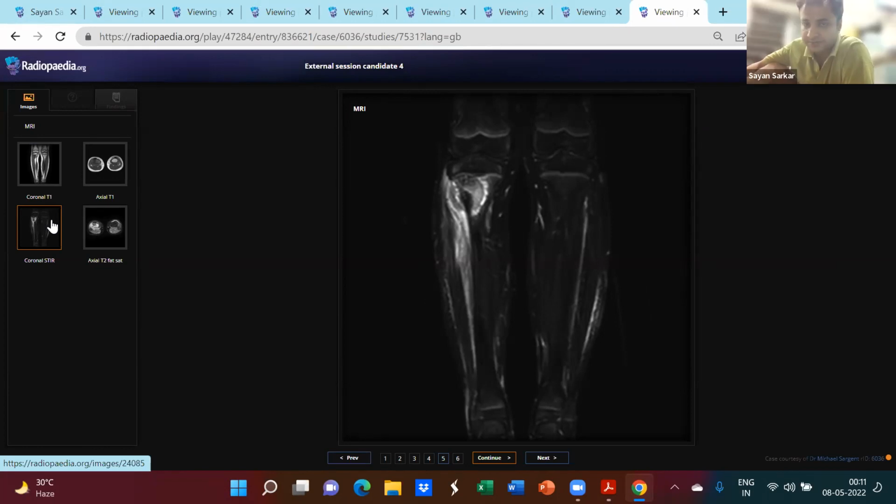Anything that you should measure in a lesion like this? Any measurement? If you're reporting this case, you measure the neurovascular bundle, you measure whatever surrounding soft tissue and all those things. Anything else that you'd like to mention in the report? The relation of the lesion to the growth plate.